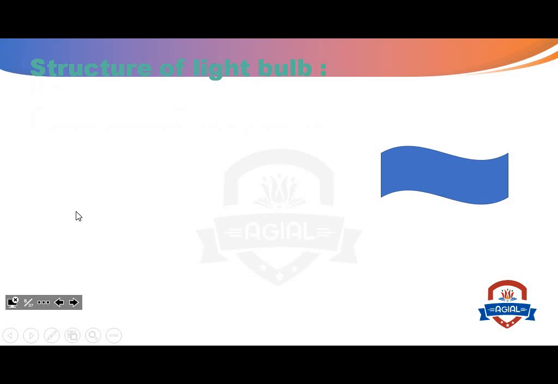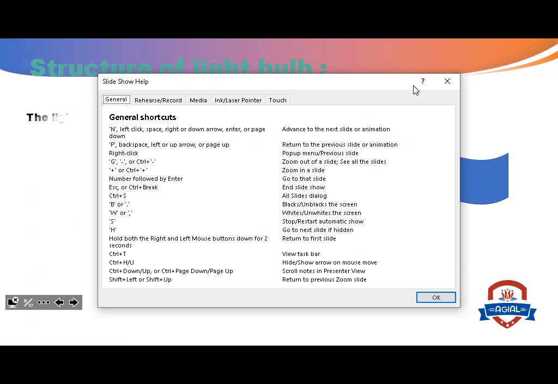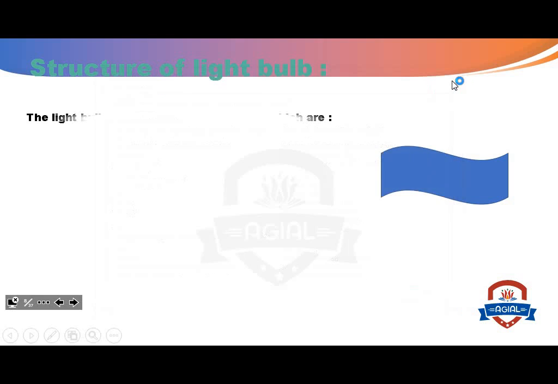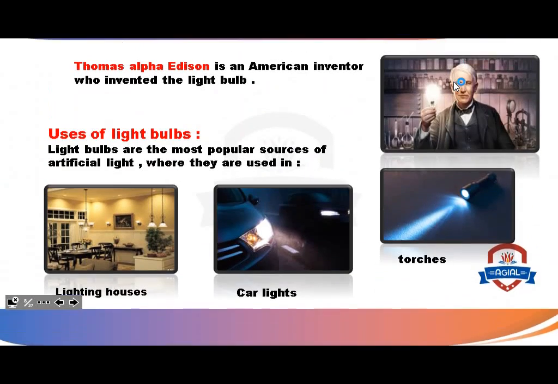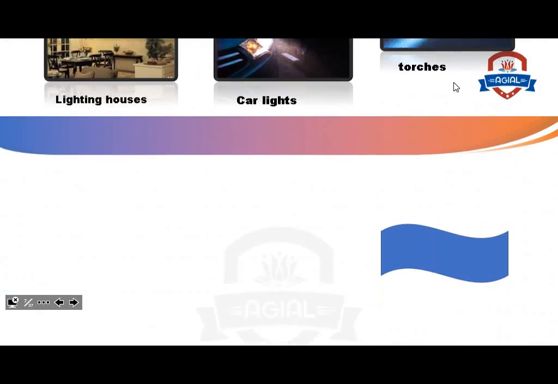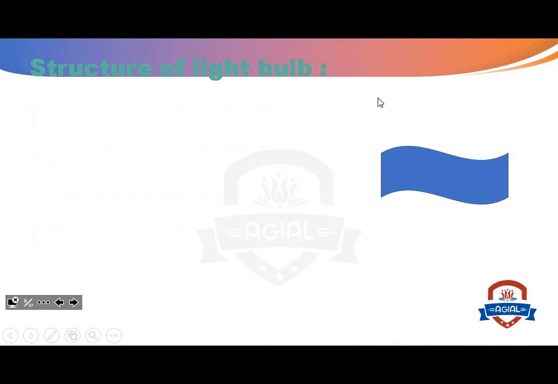After that, the structure of light bulb. What is the structure of light bulb?